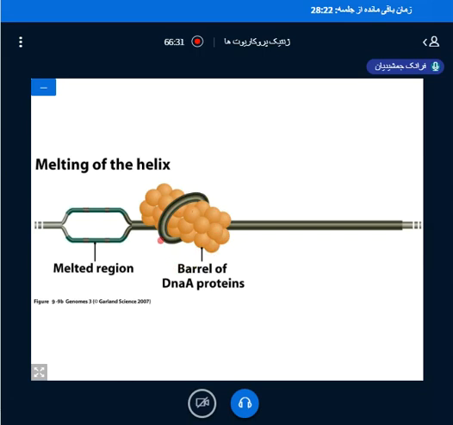It will force this region. In this region, our strength was so weak. We have an AT-rich domain. Yes, it will force this region and the hydrogen bonds will break. So the 2 strands separate from each other. Understand?